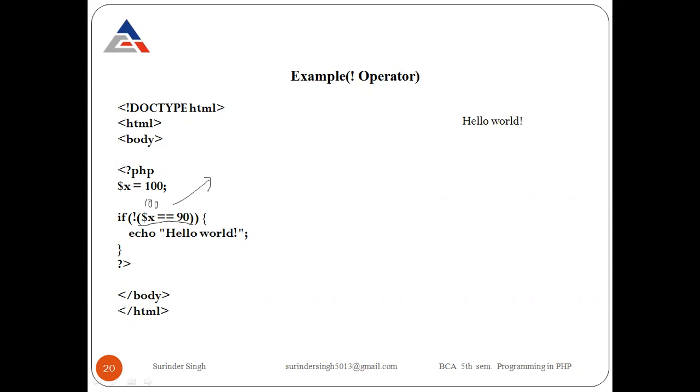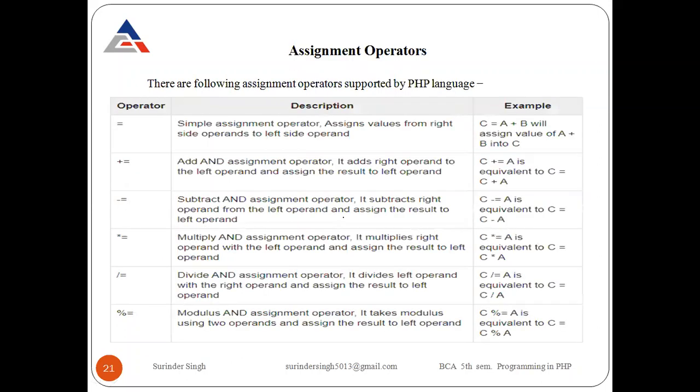It will return true because x is 100, not equal to 90. It will return true, and if is true, so control enters the if statement and executes this echo statement. Then next is assignment operators.